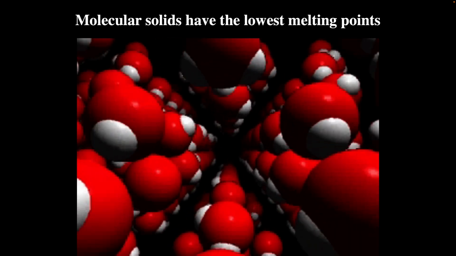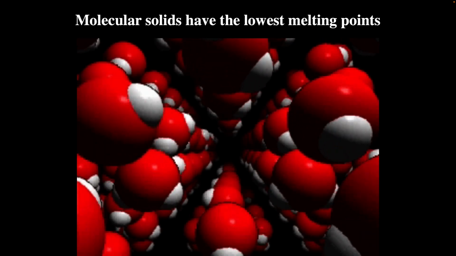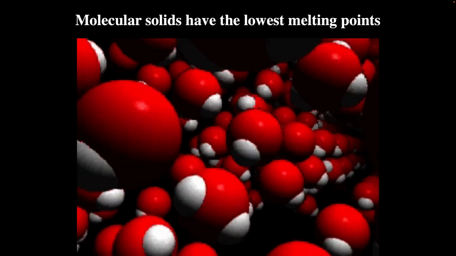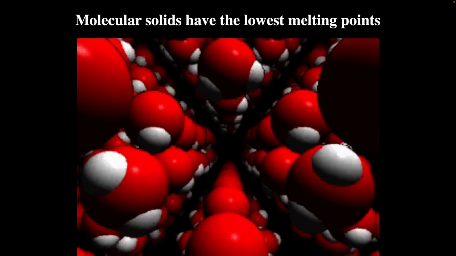And that's why for water, the solid is actually less dense than the liquid, which is fairly unique. And so as you heat the ice, you're adding kinetic energy to the molecules. They start moving a bit, and then eventually they'll be able to partially overcome the intermolecular forces.